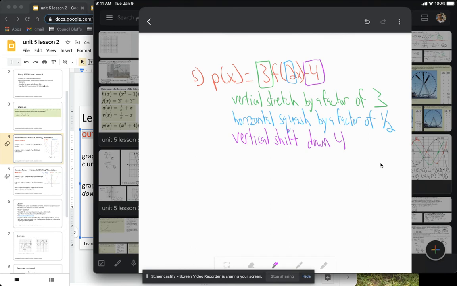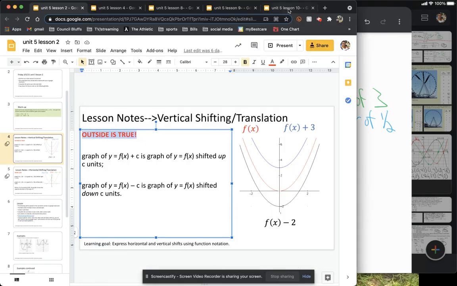So number 5 had 3 transformations: a vertical stretch by a factor of 3, a horizontal squash by a factor of a half, and a vertical shift down 4. Okay, let's go to number 6 now.